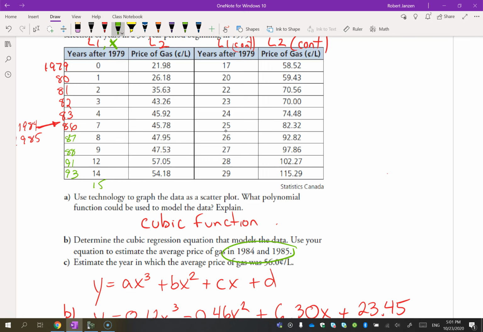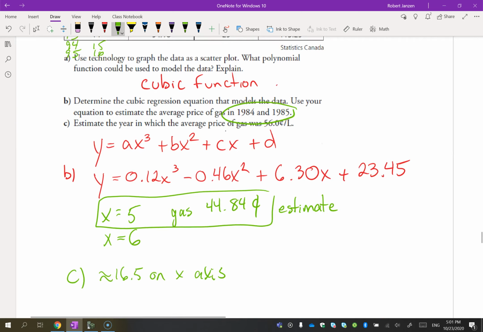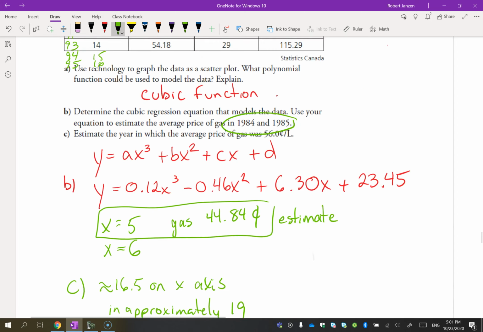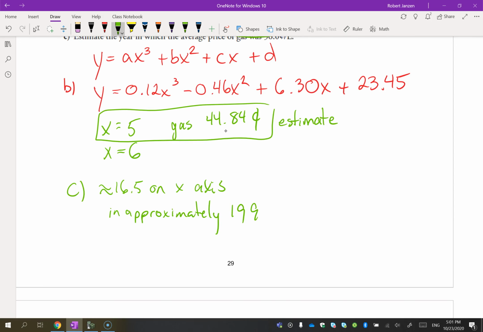Then 15 would be in 94, 16 would be in the year 95. So we're saying it's about 16.5, so we're going to say approximately 1995, 1996. It's somewhere between those two dates.